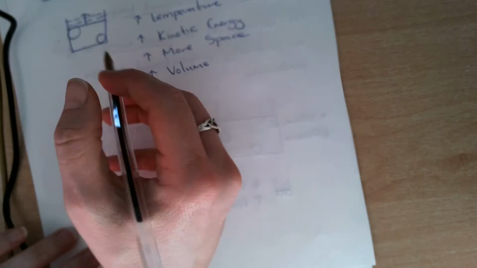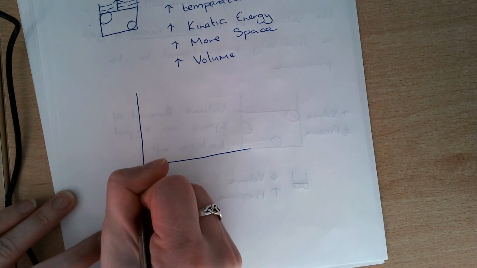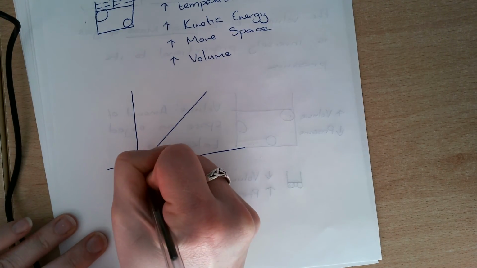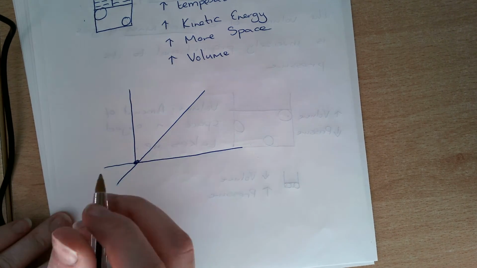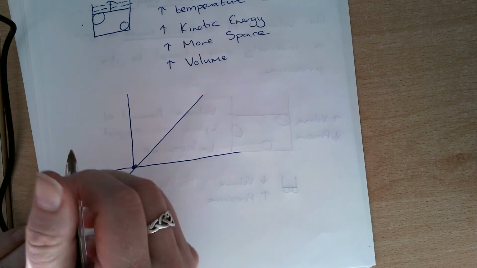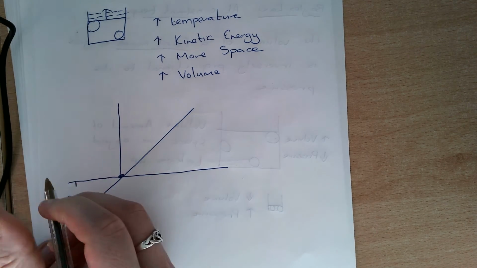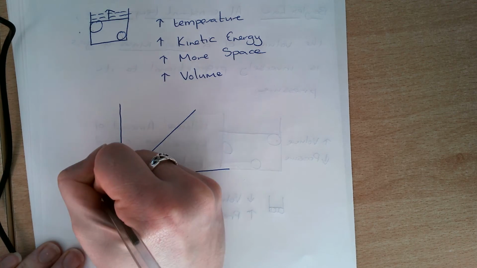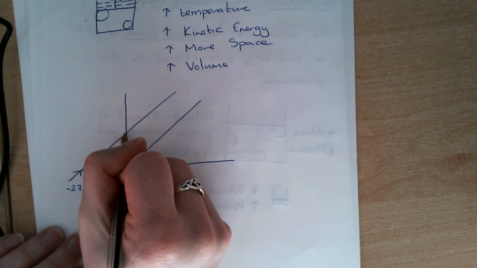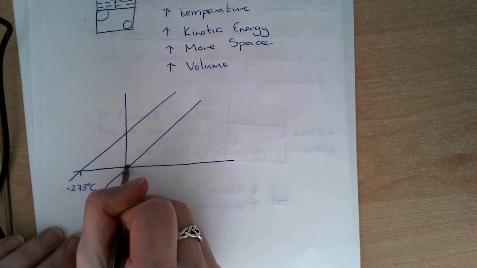The reason why it's at its Kelvin temperature, remember, directly proportional has to produce a straight line graph through the origin. However, this happens at a temperature of minus 273 degrees Celsius. So if I was to graph it using degrees Celsius, this is not directly proportional because it doesn't go through the point 0, 0.